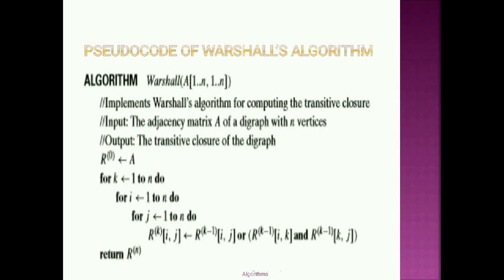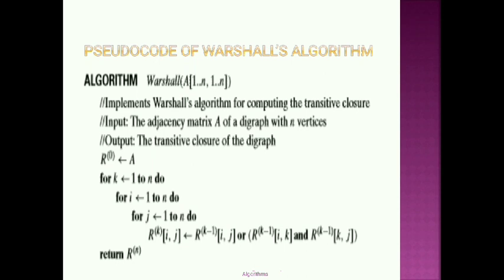So here two operations we are using, OR and AND. R_(k-1)(i,k) and R_(k-1)(k,j) are ANDed, and the result is ORed with R_(k-1)(i,j). This we repeat until all the for loops become false. Finally we get the solution, which is stored in R of n.